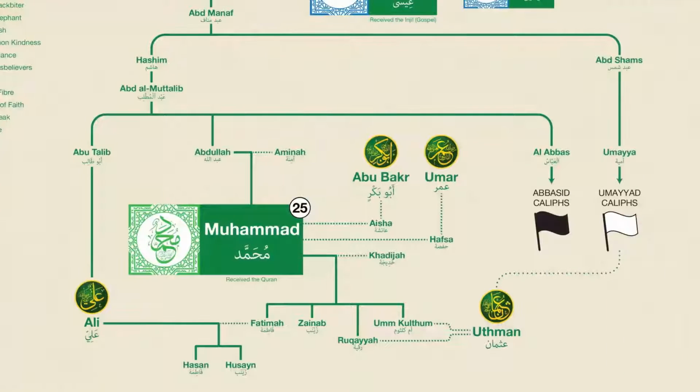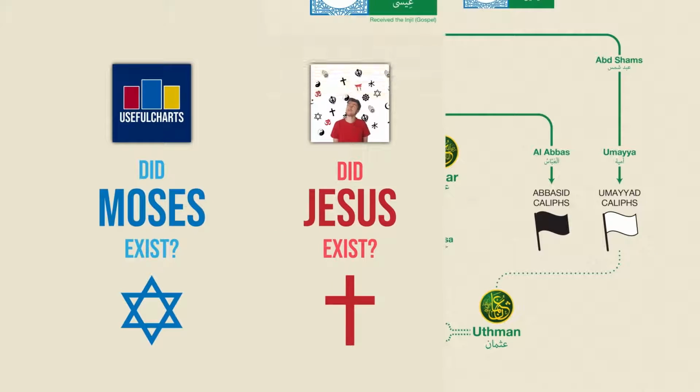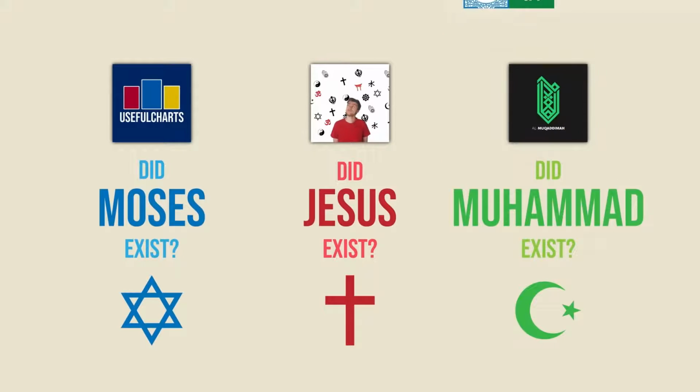Finally, remember how I mentioned earlier that I'd be doing a full episode on Moses next week? Well, that video will actually be part of a series that will also include videos by the channels Let's Talk Religion and Al-Muqaddimah.